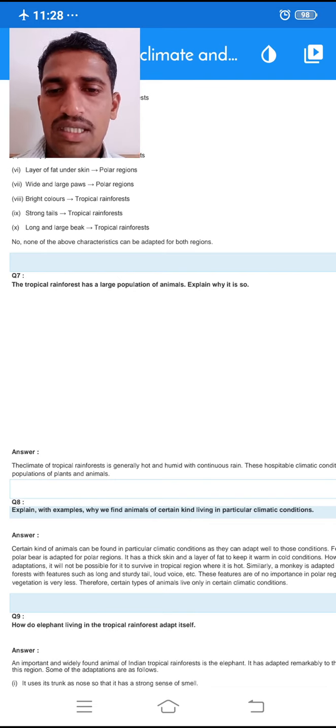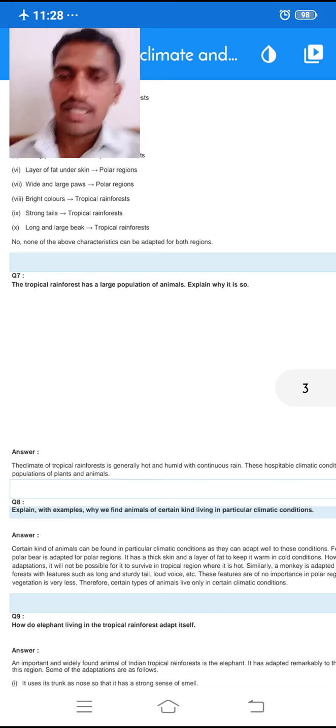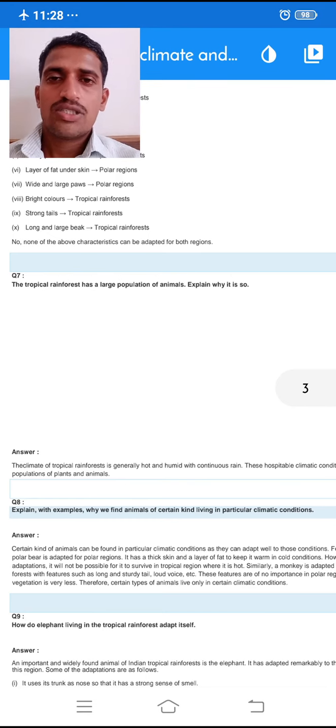The first question is, the tropical rainforest has a large population of animals. Explain why it is so. Dear students, as I explained when I was teaching the class about tropical rainforests, tropical rainforests are regions where a fairly constant temperature is recorded.